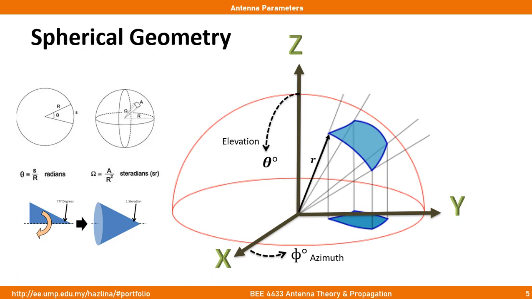Say r is the radius. Referring this to the z-axis, the distance here is r sine theta. Hence, in terms of the x-axis, it is equivalent to r sine theta cos phi.